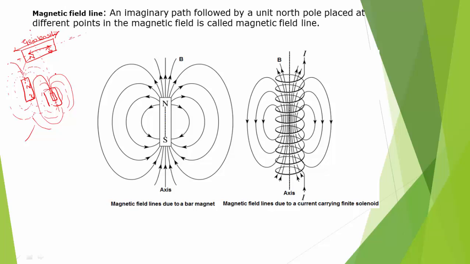Suppose if you draw the tangent at this point, it represents the direction, and at this point it represents the direction.